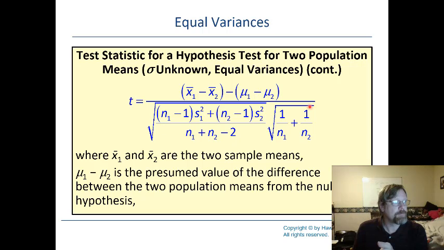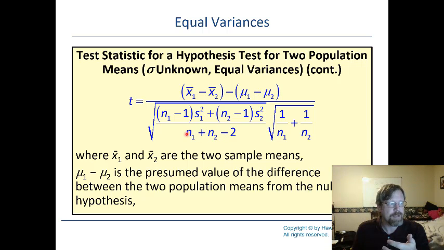The pooled variance down here, we've got degrees of freedom from sample 1 times the standard deviation from sample 1, plus degrees of freedom of sample 2 times standard deviation of sample 2, divided by sample size 1 plus sample size 2 minus 2.